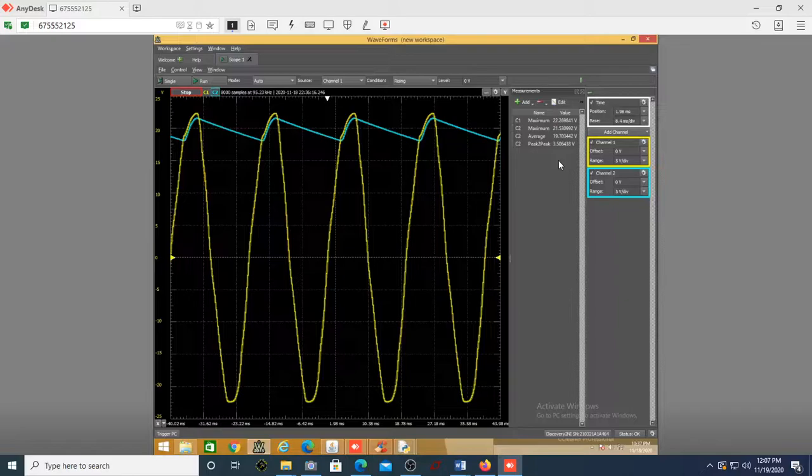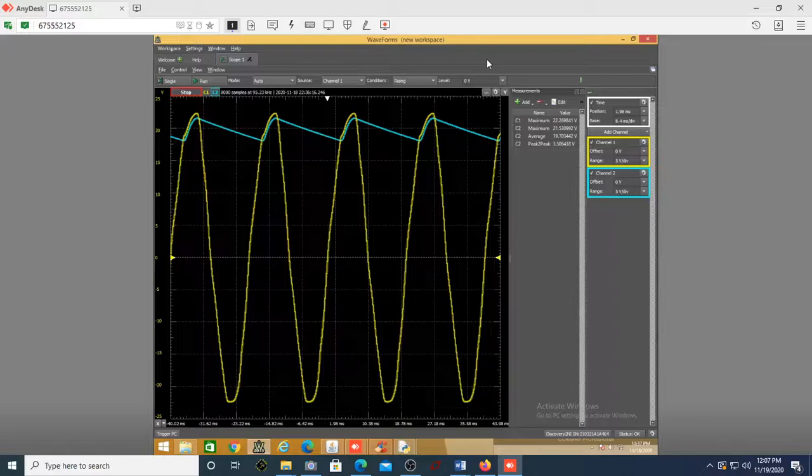The ripple for the half wave rectifier is coming out to be 3.5 volt, which is equal to (Vp minus Vd on) divided by fRC. Here Vp minus Vd on is the maximum peak, which is 21.53. 21.53 divided by f, which is 50 Hertz, R is 1 kilo ohm, and then 100 microfarad.